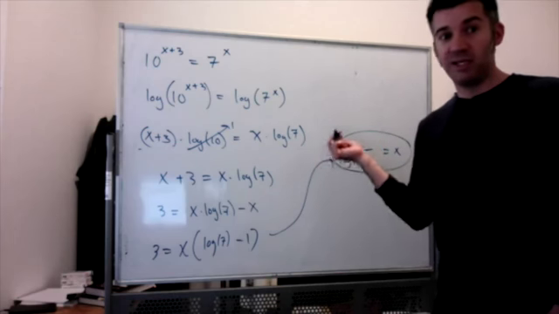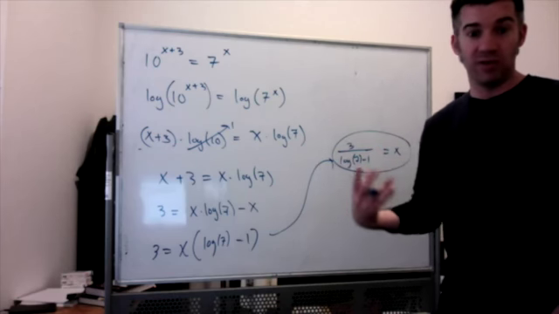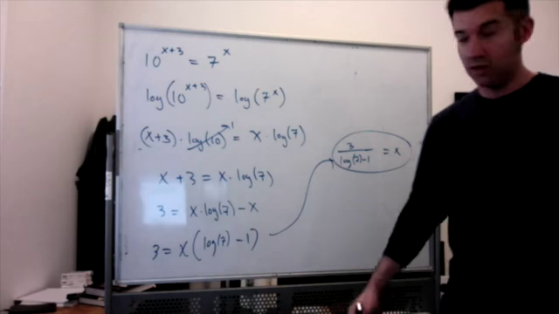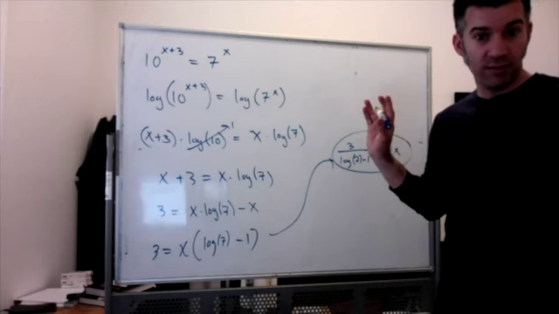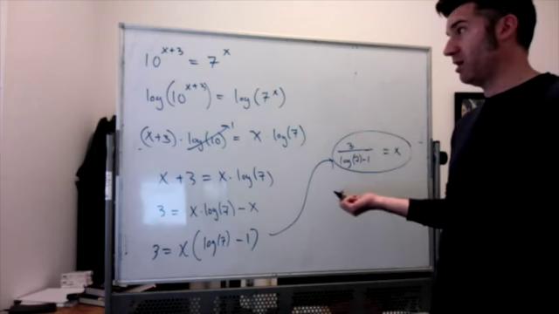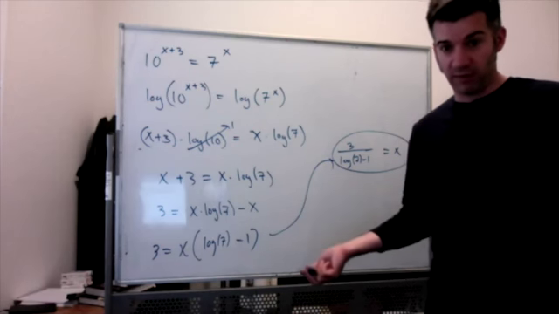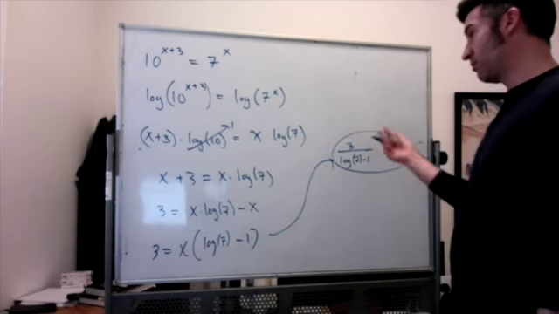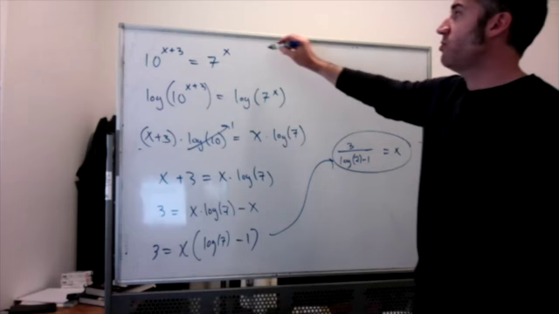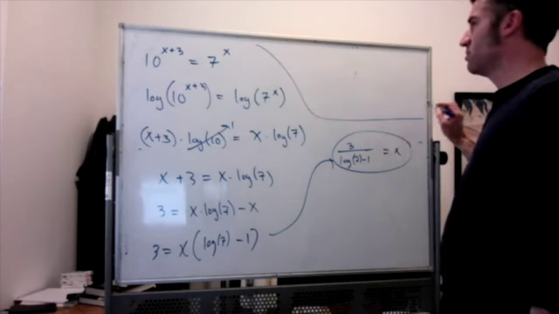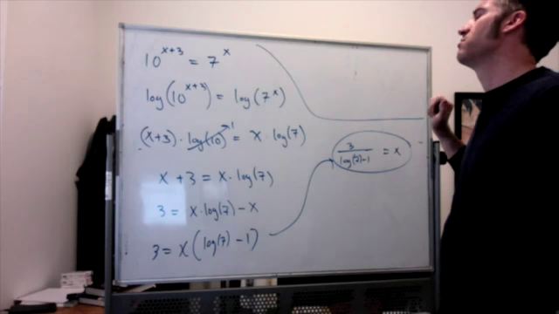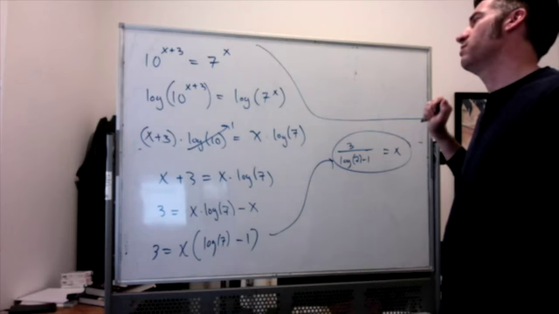That's our answer. And this is an example of a question where I do not want you to give me a decimal approximation. That's our answer. We're done. There are certainly other ways to write this. You can use a different base. That would be perfectly fine. But your answer is going to be something like this.